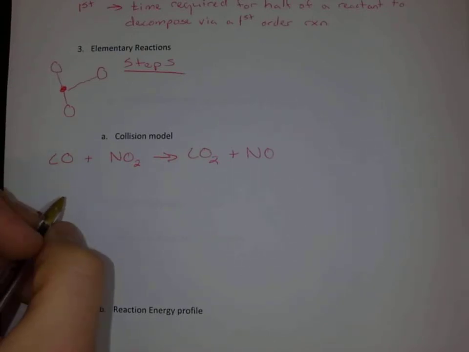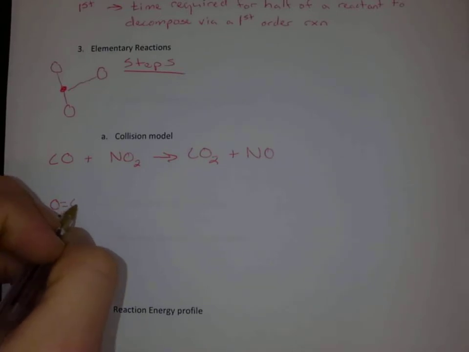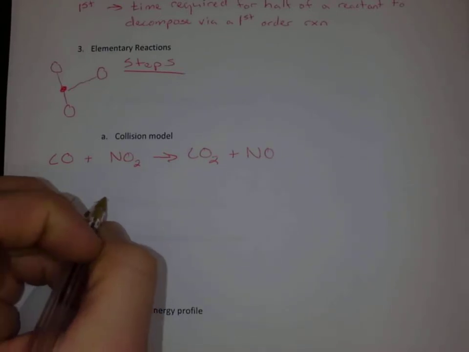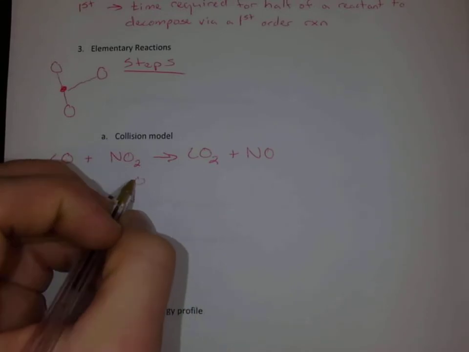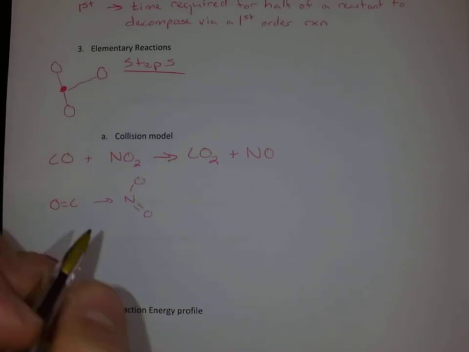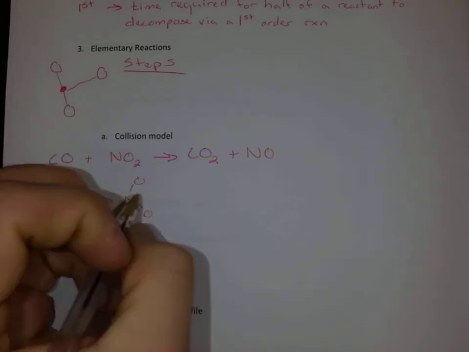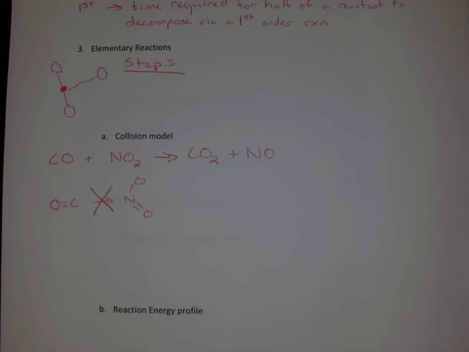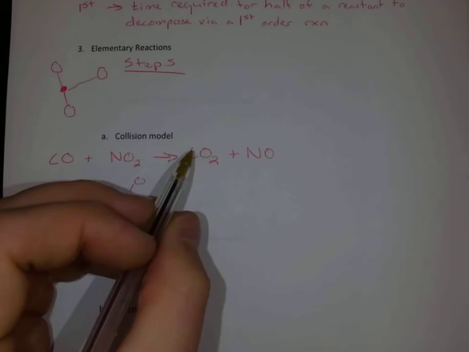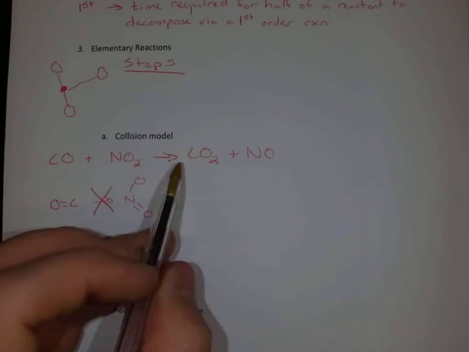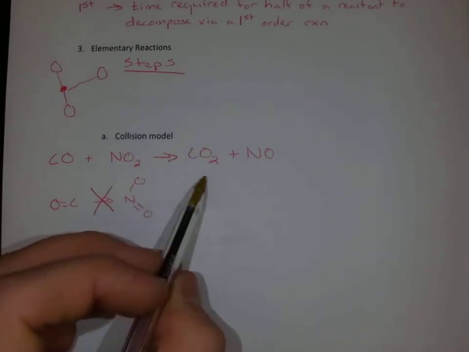So what we hypothesize is that if we have oxygen attached to carbon, and it comes in and hits our nitrogen dioxide on the nitrogen side, this is not going to give us a reaction, okay? Because our carbon is going to hit nitrogen. We don't want to form a bond between carbon and nitrogen, right? We wanted to form CO2.